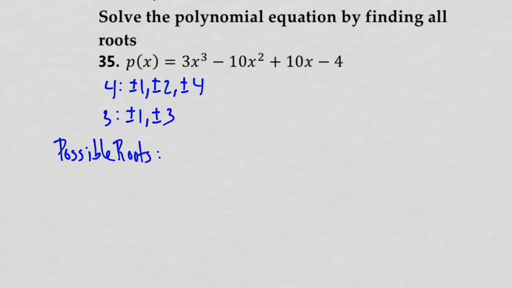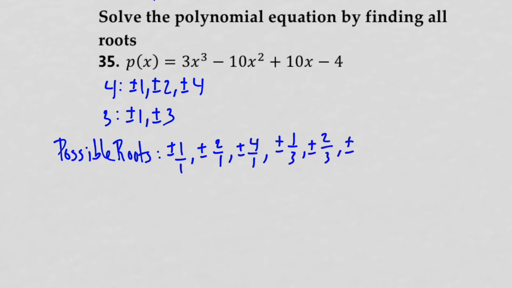are, let's make combinations now. Plus or minus 1 over 1. Plus or minus 2 over 1. Plus or minus 4 over 1. Plus or minus 1 over 3. Plus or minus 2 over 3, and plus or minus 4 over 3. It looks like they're all unique. None of them repeat, right? They're all different.